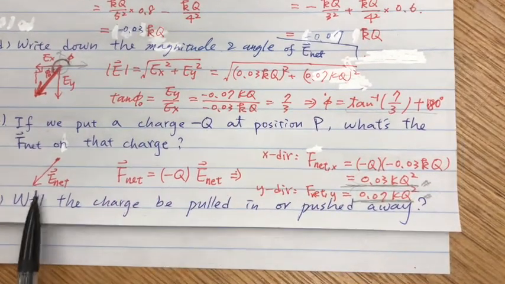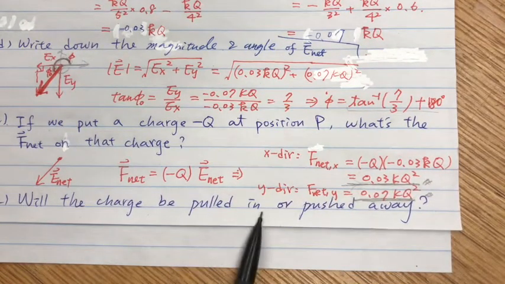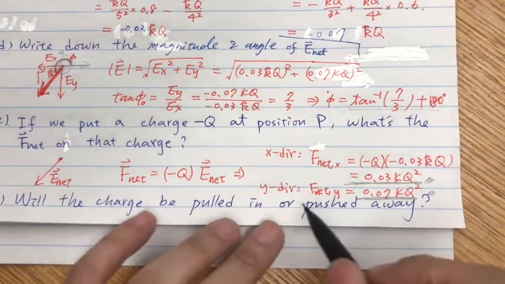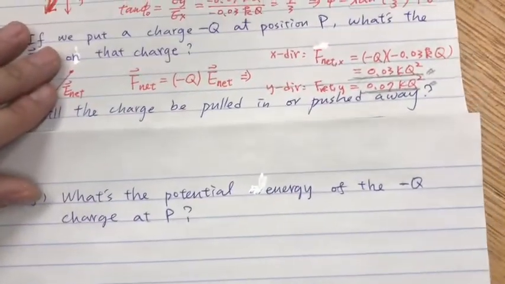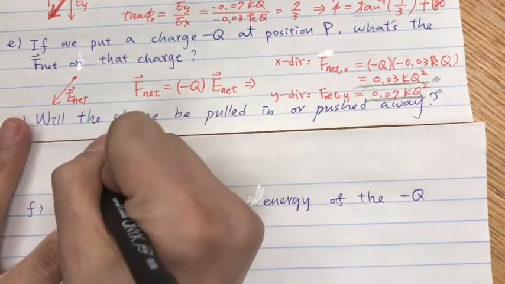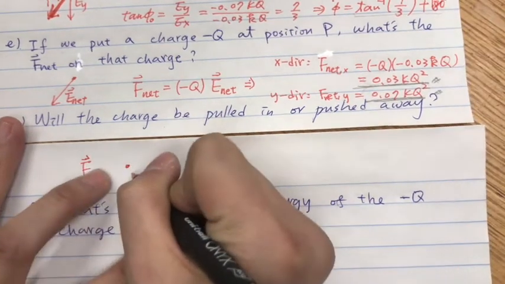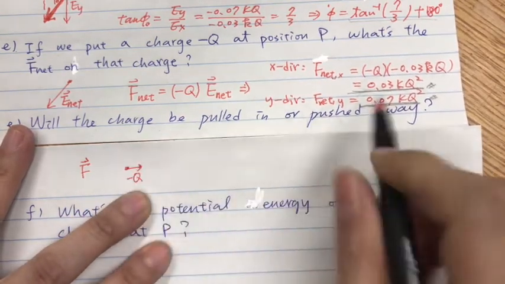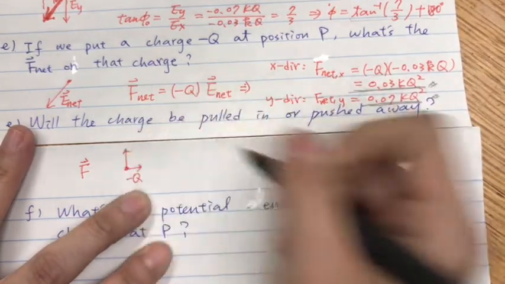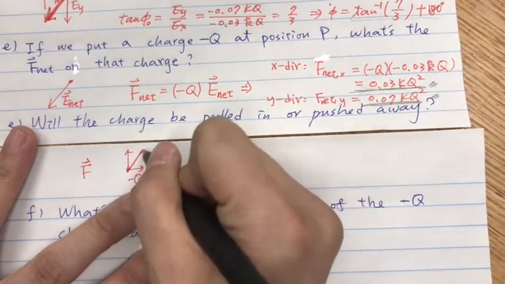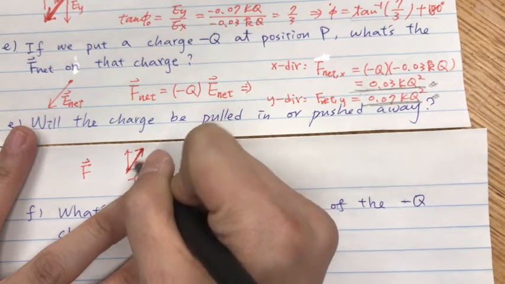So now let's see, will the charge be pulled in or pushed away? If we draw the free body diagram, the picture of this net force, for this charge, it feels a force where the x component is positive and the y component is also positive. It's actually more positive. So with the x component and y component, the net force will be pointing in this way.